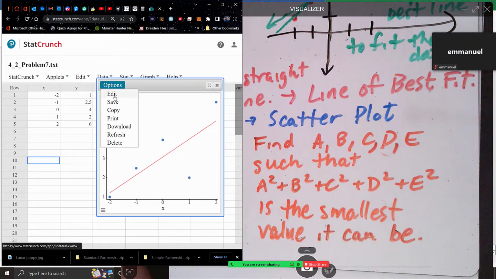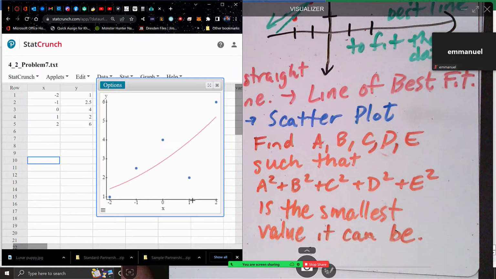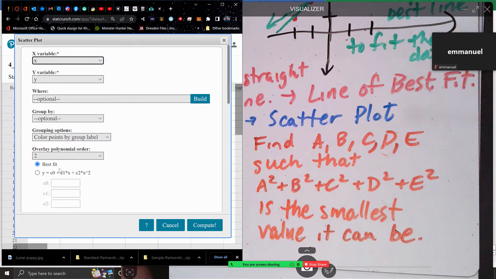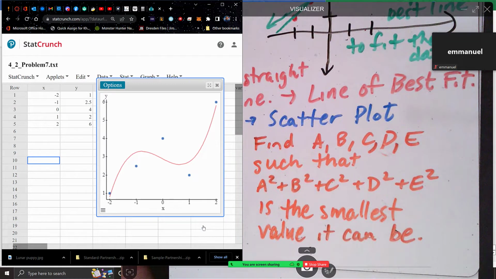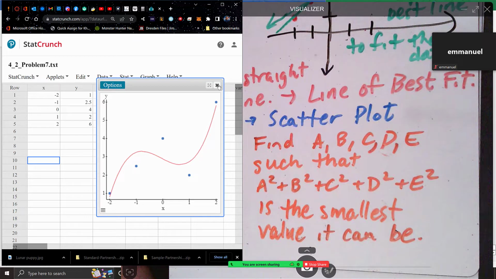I did a straight line, but what if it followed something like a parabola, where it's curved, or a cubic function? Some data fits really well with cubic functions or parabola functions. Let me change the values here and give you an example.